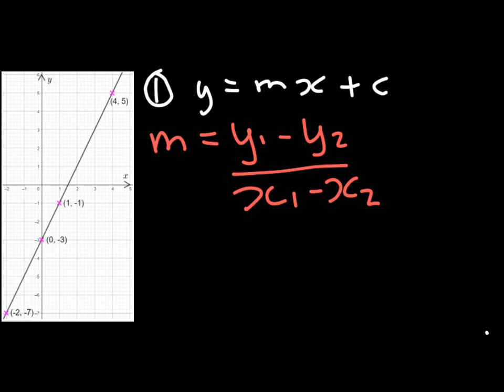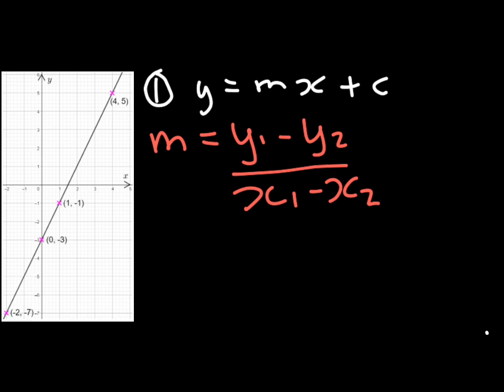So from here, we now need to select 2 points. These will be 2 points that we know are on the graph. By looking, we can see that (4, 5) is a point, (1, -1) is a point, (0, -3) is a point, and (2, -7) is also a point on our graph.